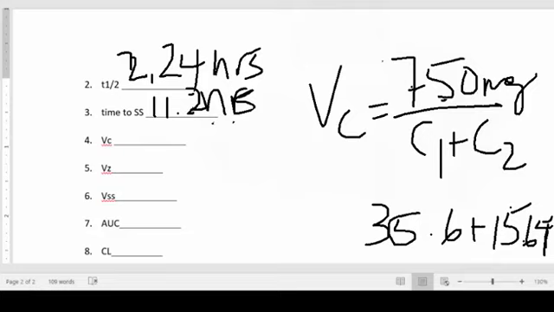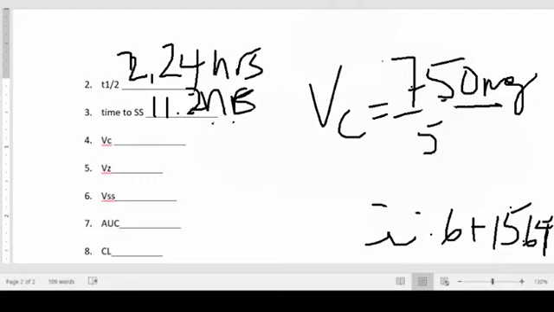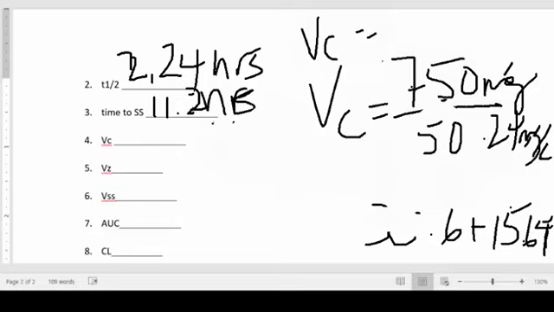Okay, I got 50.24 milligrams per liter. So those milligrams will cancel and we have liters, which makes sense, right? So 750 divided by 50.24 is going to be 14.9. So this is 14.9 liters, right?